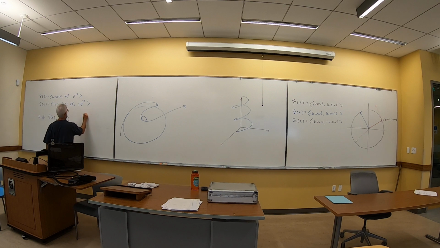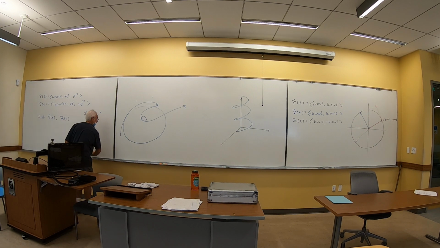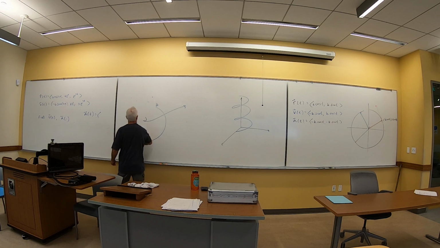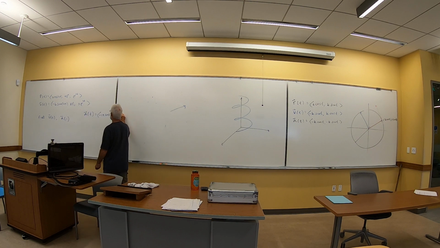And now let's find a of t. So what's a of t? So a of t would be negative 12 cosine of 2t, 8, 9e to the 3t.